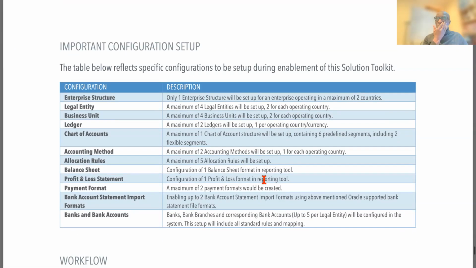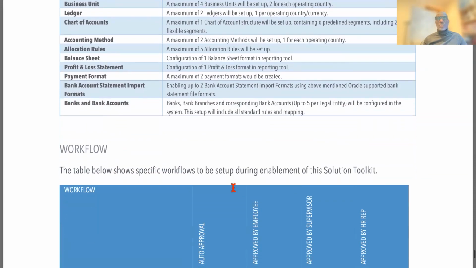And then also the config: the number of enterprises, legal entities, business units, number of ledgers, chart of accounts. All this will be part of the document that you will put together as a solutions document.